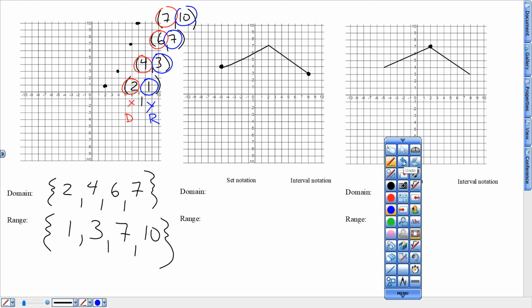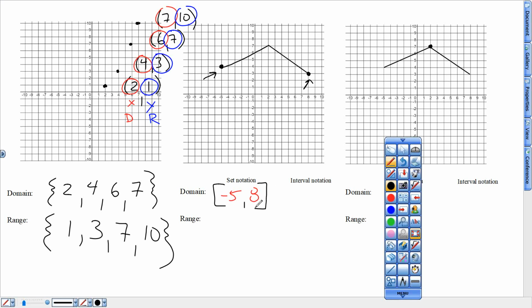Set notation using symbols. Domain, this spot right here being a dot, I got to do a square bracket from that -5, comma, to that 8 all the way to the right. And then because this has another dot, I do another square bracket.